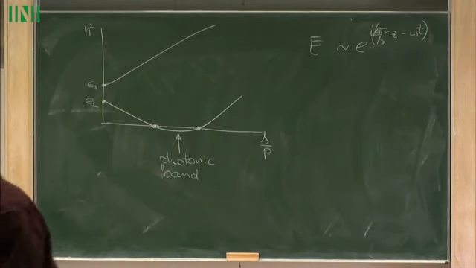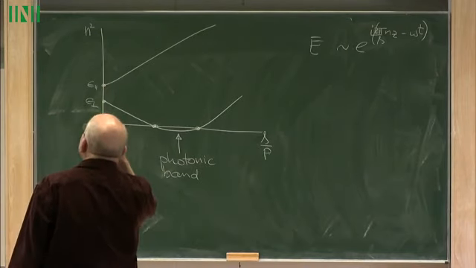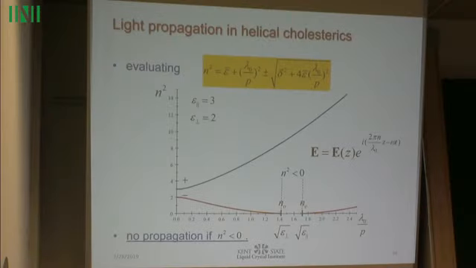So here's a picture of what this looks like. E is a function of position, as we said, because we are in a frame rotating along with the two vectors along the director and perpendicular.